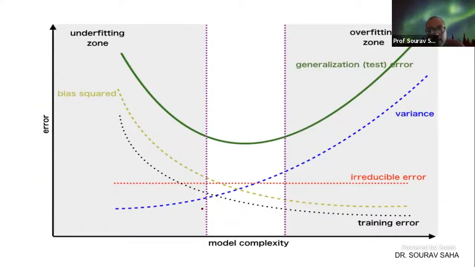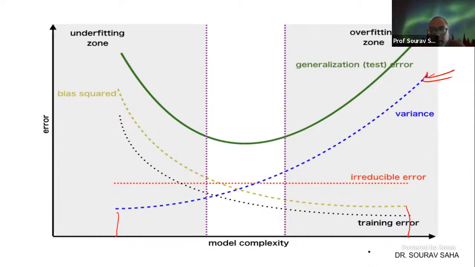We have discussed this earlier. One is the variance part. As the model complexity increases, variance increases. Initially the variance is low, but then it becomes high. On the other hand, the bias is initially high and then becomes low.